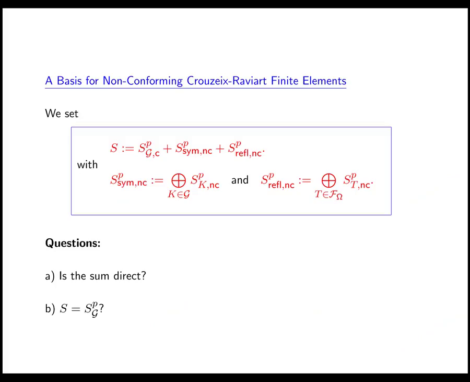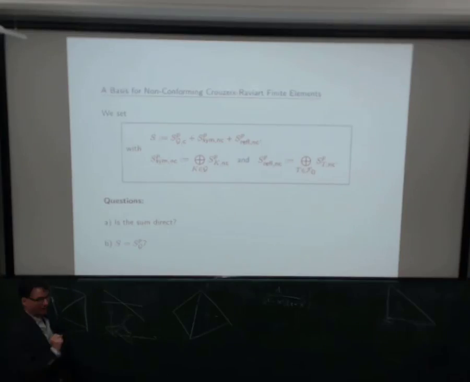Okay, now an interesting question was, if we now add all these non-conforming functions to the conforming functions, do we get linear independence? And the answer is no. The answer is no, and this can already be seen by this Crouzeix-Raviart element. If you take your conforming linear finite elements and you inject the Crouzeix-Raviart element, they would be linearly dependent.